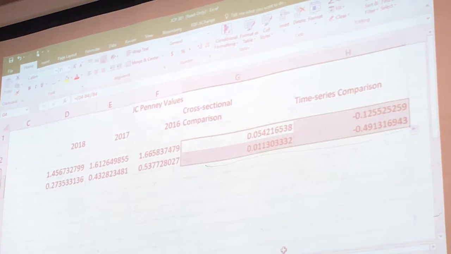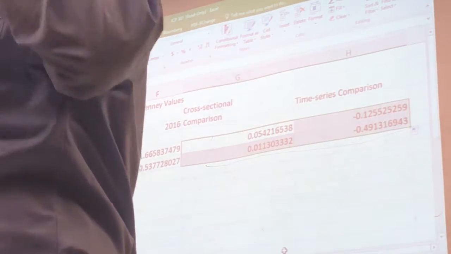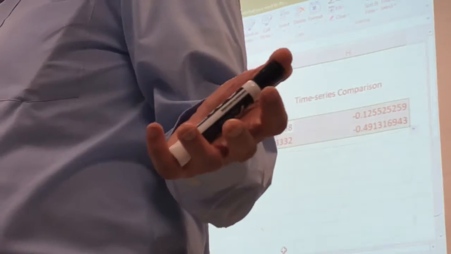That's why we use many more different measures in higher level finance classes. But here I can say, looking at JCPenney's numbers and comparing them to the industry norms, there does not appear to be any problem that JCPenney will have any liquidity issues in the near future.